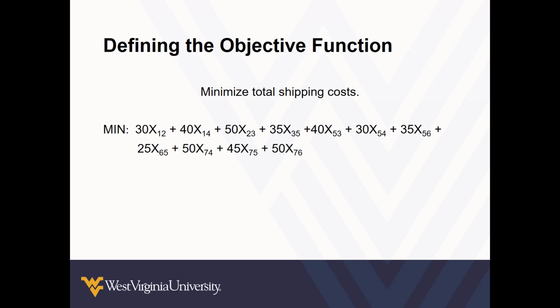So for example, that first item, 30x12: 30 is the cost of transporting a vehicle from node 1 to node 2. So 30 is the coefficient, and then x12 is the number of vehicles that we are transporting between node 1 and node 2.